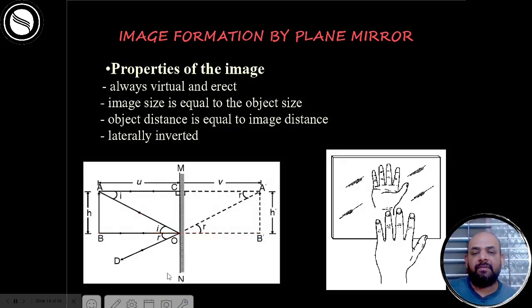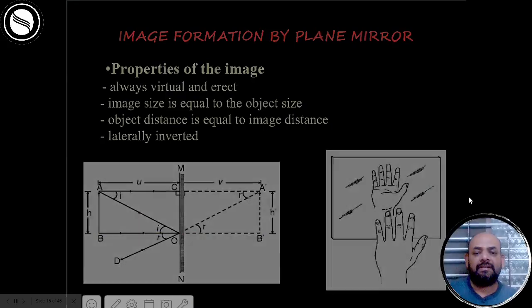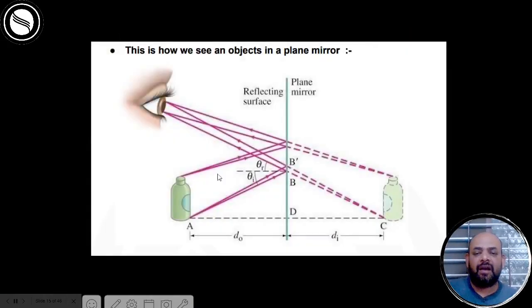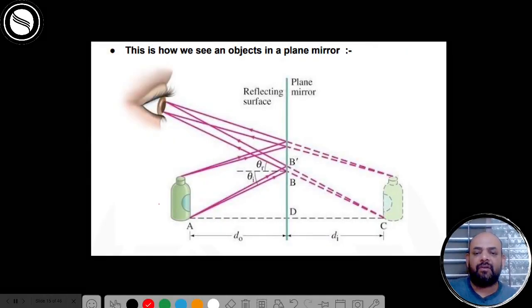Okay, so this is the image formation by a plane mirror, and these are the properties. This is how we see the image of any object. Suppose the object is placed here, always I equals R, that we have to follow. Whichever ray you take, two rays have been taken from the top of the bottle and two rays from the bottom, but angle I and R will always be equal after reflection.